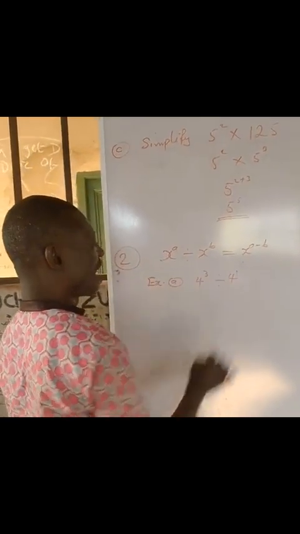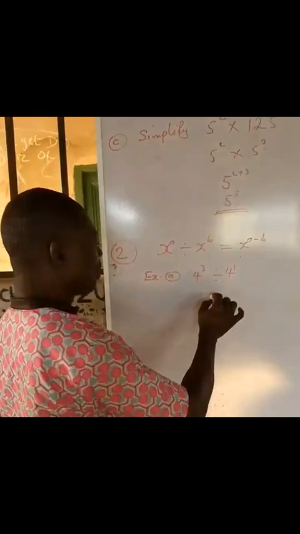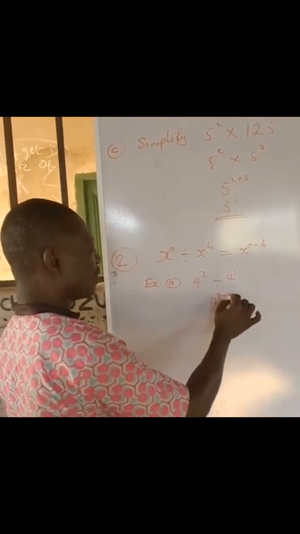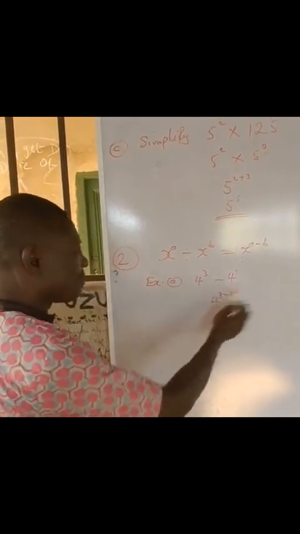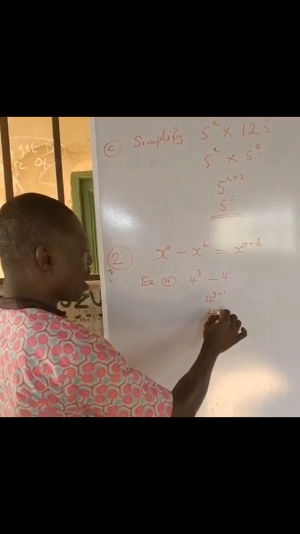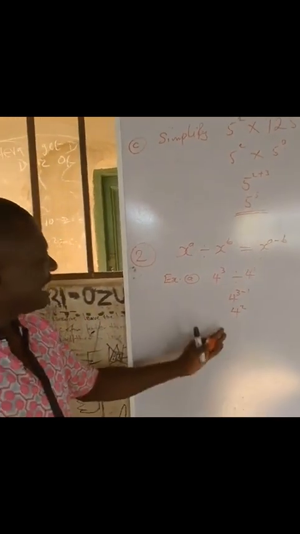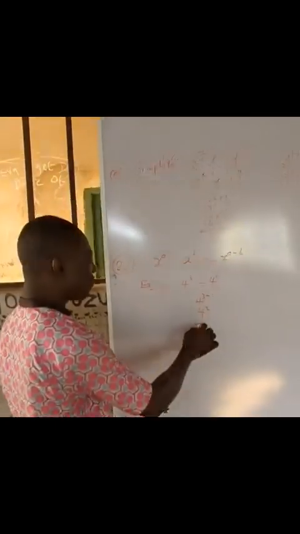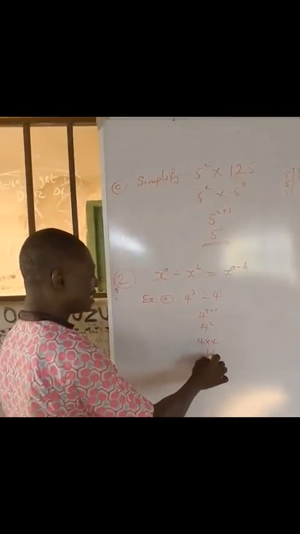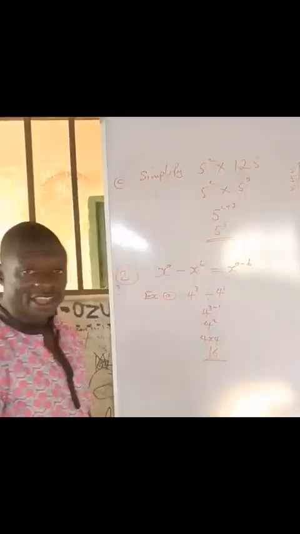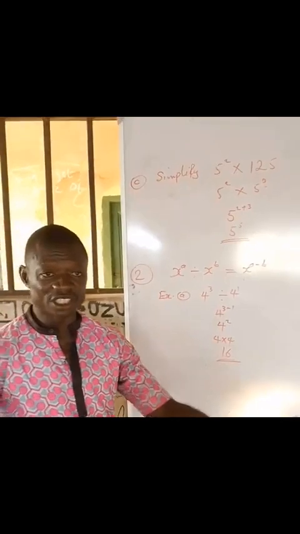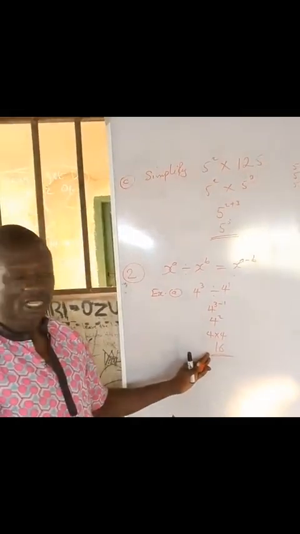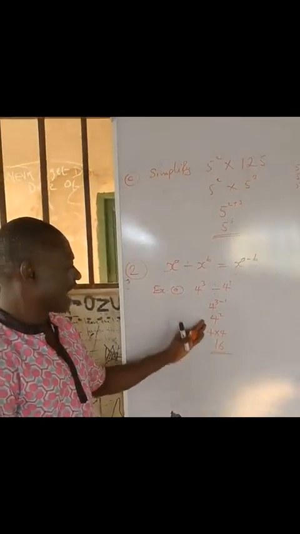This is going to be written as 4 raised to power 1, and then we pick one base 4 raised to power 3 minus 1. 3 minus 1 will give us 4 raised to power 2. Because the index of this last answer is very small, we can easily say 4 times 4, and that is 16. Remember, they have the choices of either leaving the answer in this form or in this form. And we are expected to know that they are the same.